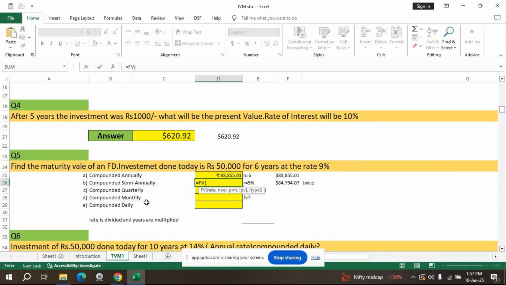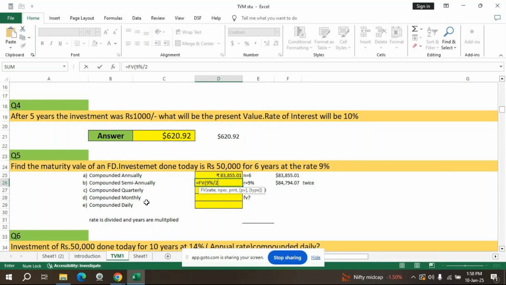So 9% is for the whole year, and it has to be compounded two times, so at that time we have to mention divided by 2. That means for every 6 months it has been compounded, and the interest has been added to the lump sum amount.